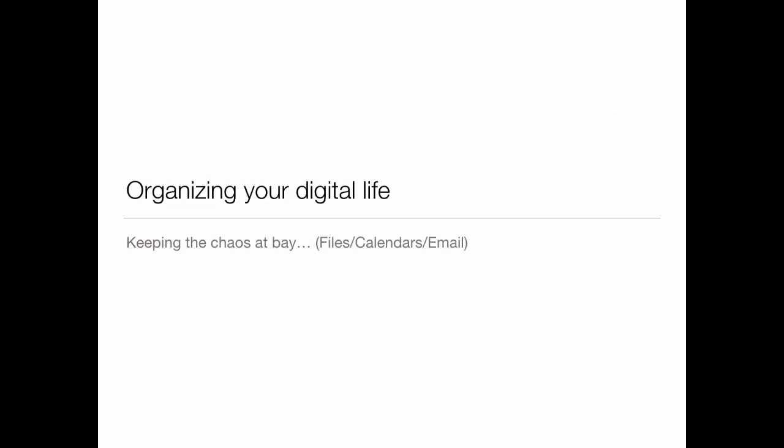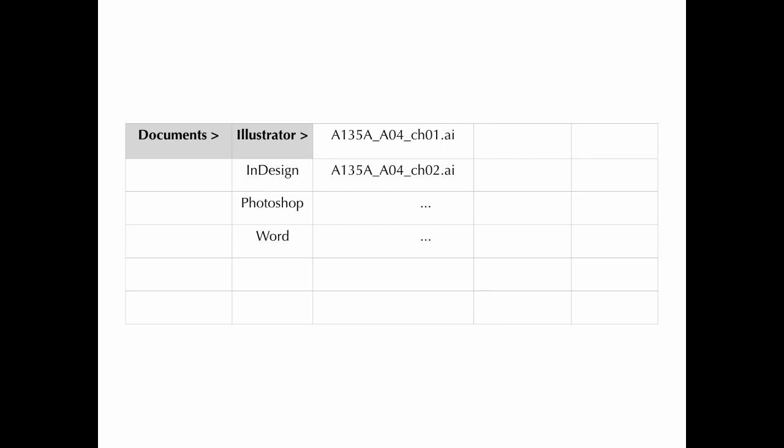So let's talk first about organizing your digital life and the different ways that you might organize your computer files. So the first system for organization, and some people believe wholeheartedly in this system, I'm not one of them, is that you have a very flat file system. Essentially, you have some broad category folders.